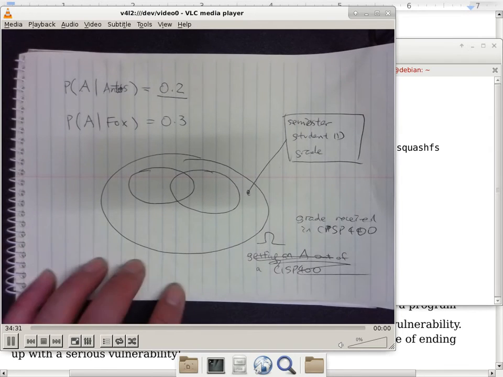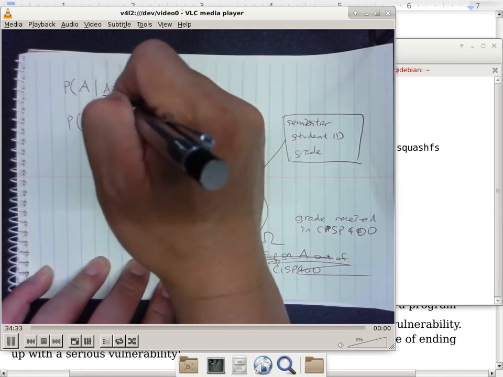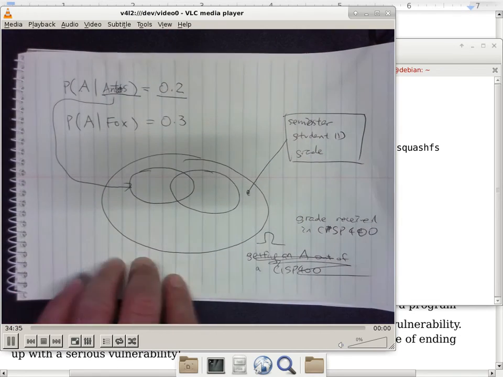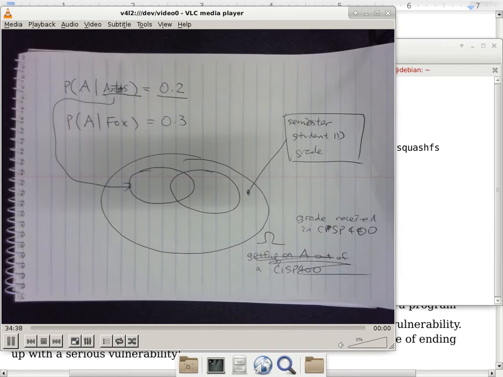So in that case, we can now say Antos is one particular set. This particular bubble or set is representing all the people who have taken the class from David Antos.